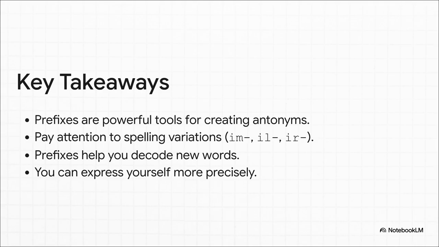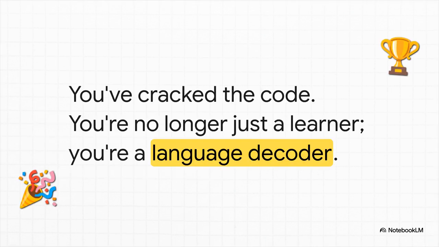Once you recognize the patterns, like those sound-based rules for the in family, you can start decoding brand new words you've never seen before. And you can start expressing your own ideas with way more precision. So you haven't just learned a few grammar rules, you've actually cracked a code. You can now see the building blocks of the language. You're not just a learner anymore, you're a language decoder.